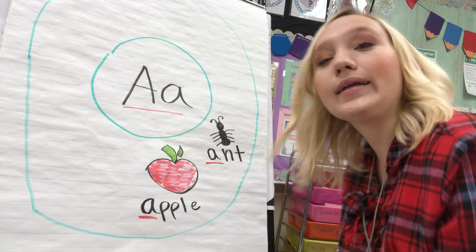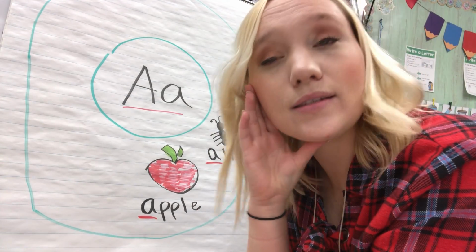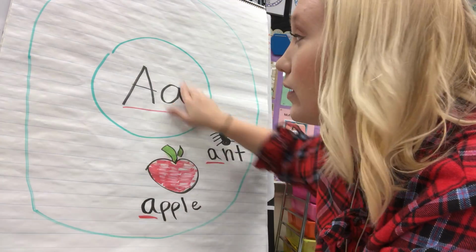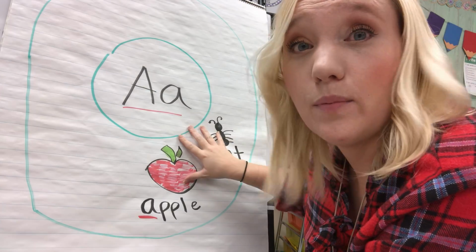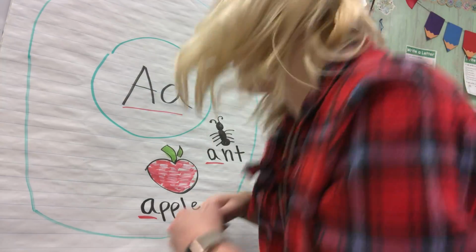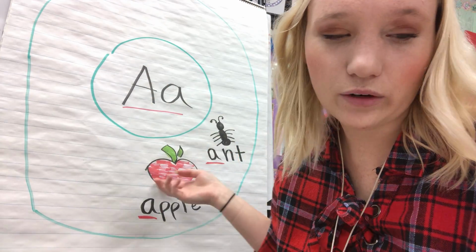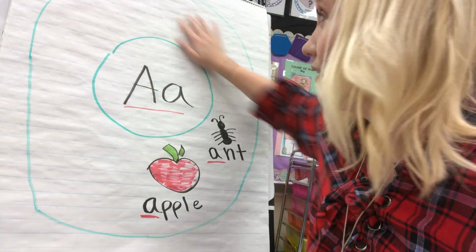Can you think of some other words that start with the A sound, that start with the letter A? I want you to think about that. And when we come back together, we are going to complete the circle map. When we get together for our Google Meets this morning, we are going to complete this together.